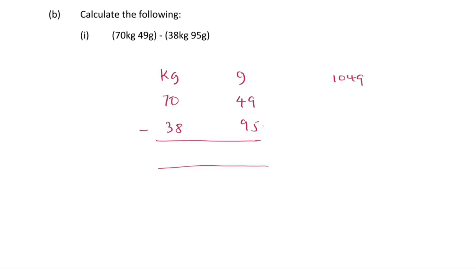Now this one minus 95, we are having 954 grams. And also 69 kilograms minus 38 kilograms, this becomes 31 kilograms. We have to remember that we have 69 kilograms since 1 has been taken from this 70 kilograms. And this is going to be our answer.